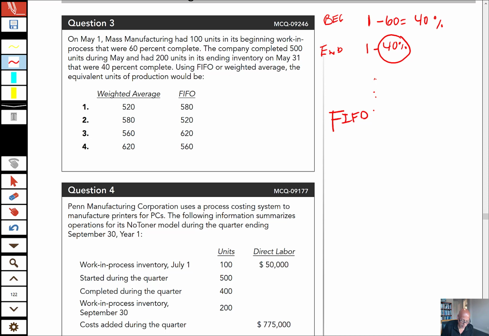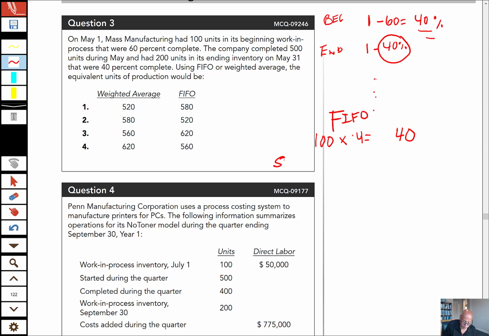Well, I'm going to take the beginning inventory of 100 units. But since they were 60% complete, I'm only going to give myself credit for 40% of that work under FIFO. So on an equivalent unit basis, that's 40 units. Then they tell me that they completed 500.